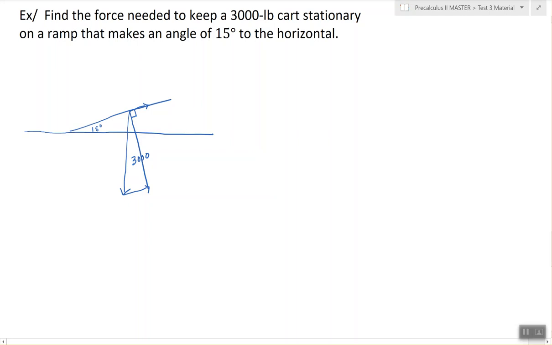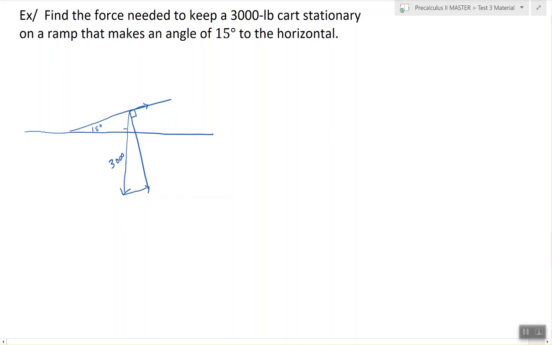So we are trying to find what this force is needed, the magnitude of that vector, or the length of that directed line segment. Let me move my 3,000 over because it looks like it's labeling the wrong thing. This is 3,000, the magnitude of the vector going straight down from gravity.